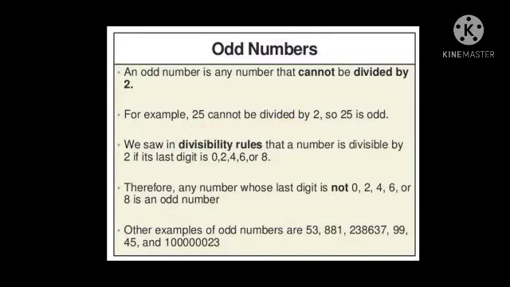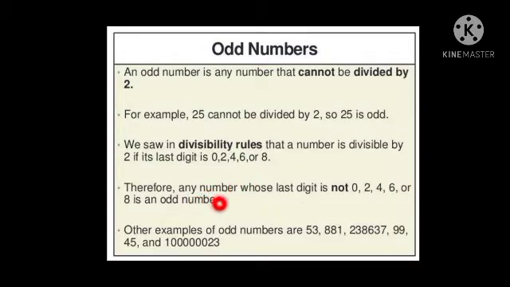So, the number 25 is an odd number. Students, we saw in divisibility rules that a number is divisible by 2 means definitely the last digit should be 0, 2, 4, 6 or 8. Therefore, any number whose last digit is not 0, 2, 4, 6 or 8 is called an odd number.